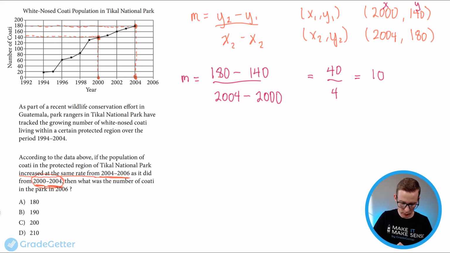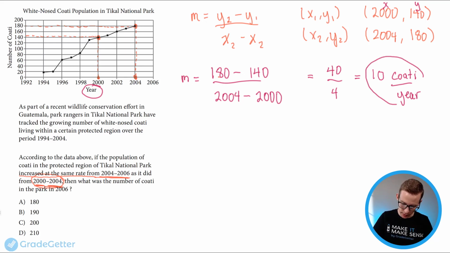So the units for this slope now, the units for our y is number of coati, so this would be coati, and our x units is going to be year. So 10 coati per year. So on average from 2000 to 2004, the amount of coati increased by 10 every year.